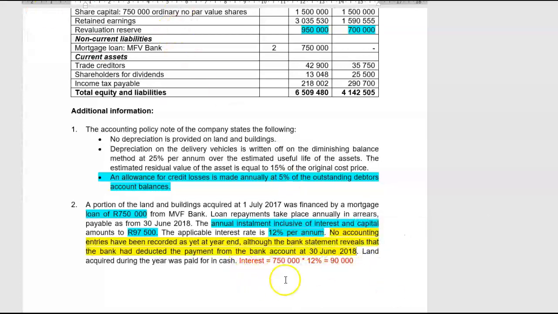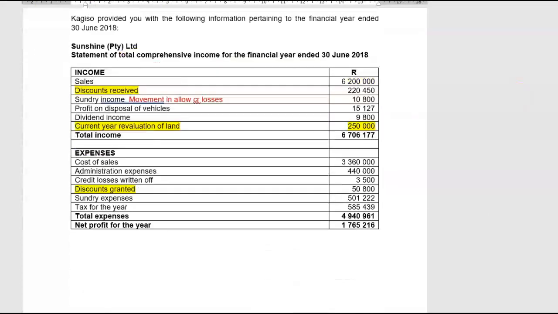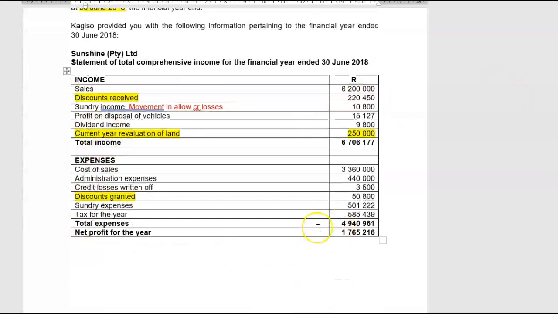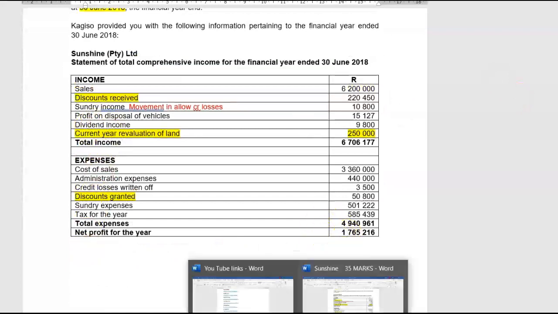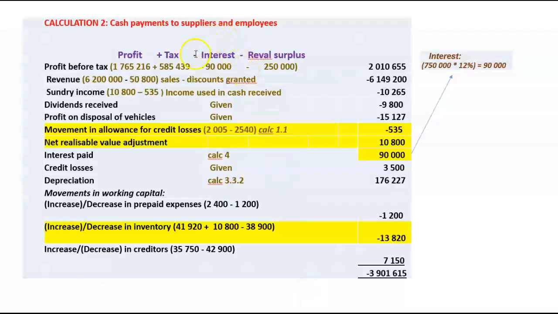So that means that this interest that we've calculated of 90,000 was not taken into account when this profit figure was calculated. That is the reason why I have to deduct the 90,000 there as well, which will give you a total profit before tax of 2,010,655.